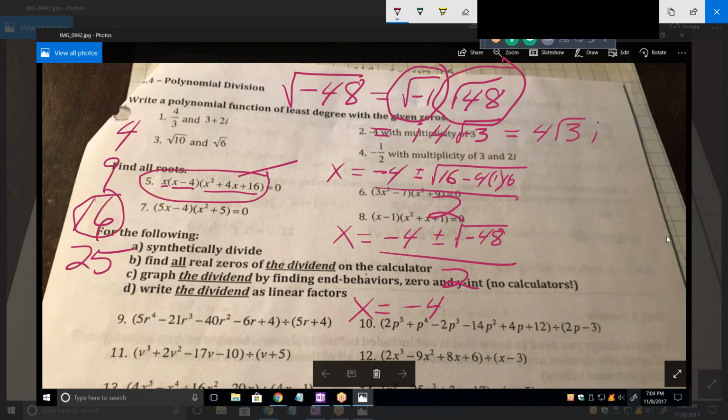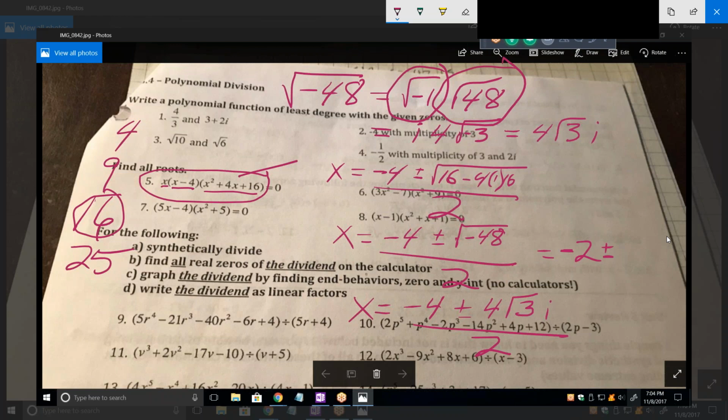So if I replace that with that, then I have 4 root 3 i over 2. And now, can I simplify it more? You can do 2, like the negative 4 turns into negative 2 plus or minus 4 root 3 i.